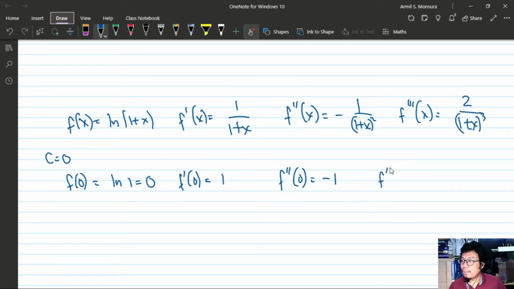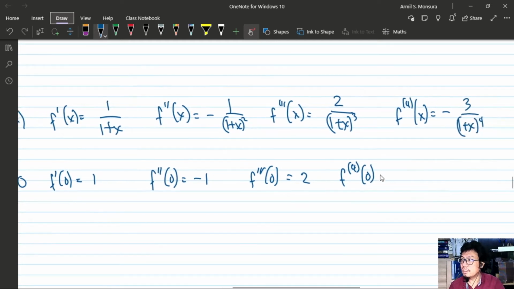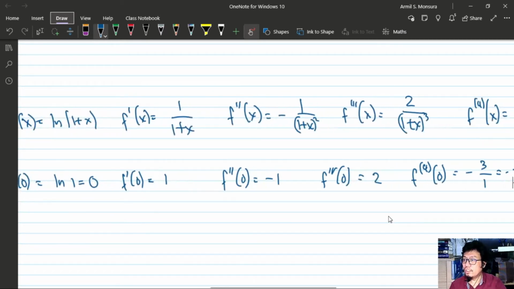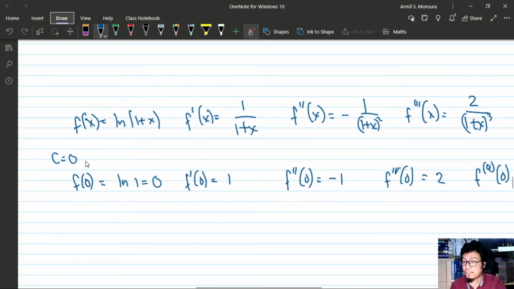The third derivative of f at 0 is 2 over 1 cubed, so that's 2. And the fourth derivative of f at 0 is negative 3 over 1, so that's negative 3. So these are your function values and their derivatives at c equals 0.